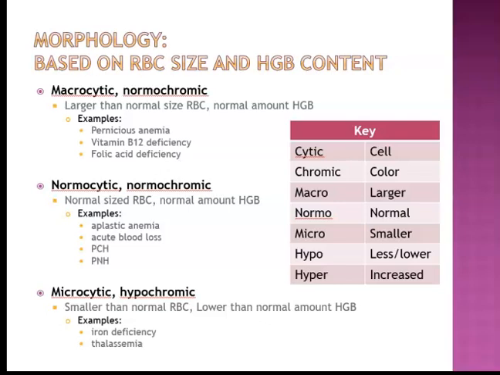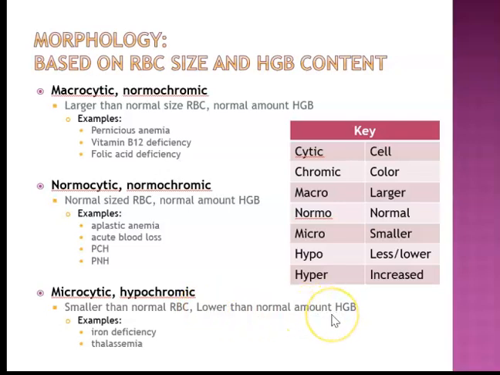The last category on this slide for morphology is microcytic hypochromic. Micro referring to less, so smaller than normal size red blood cells, and hypochromic, so less color. So smaller than normal red blood cells and lower than normal hemoglobin.